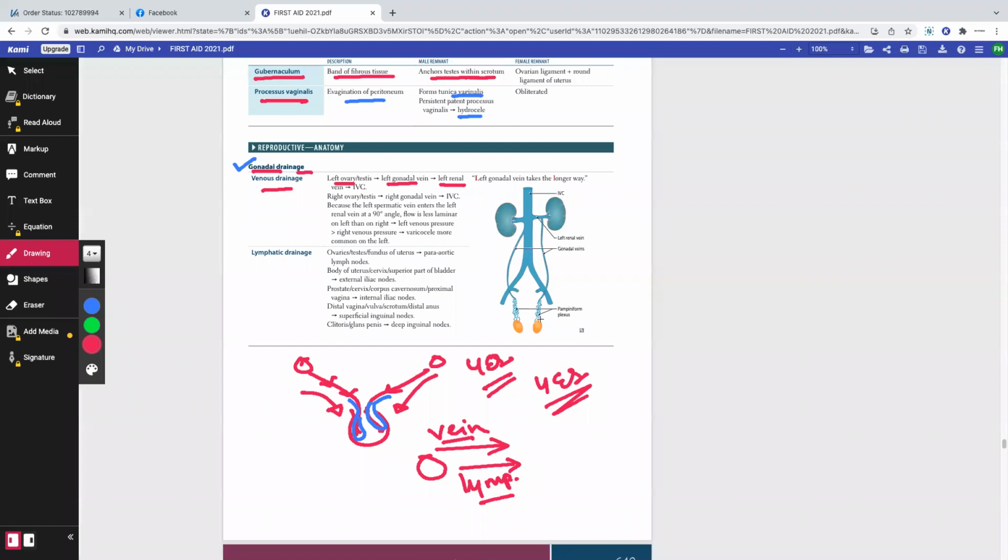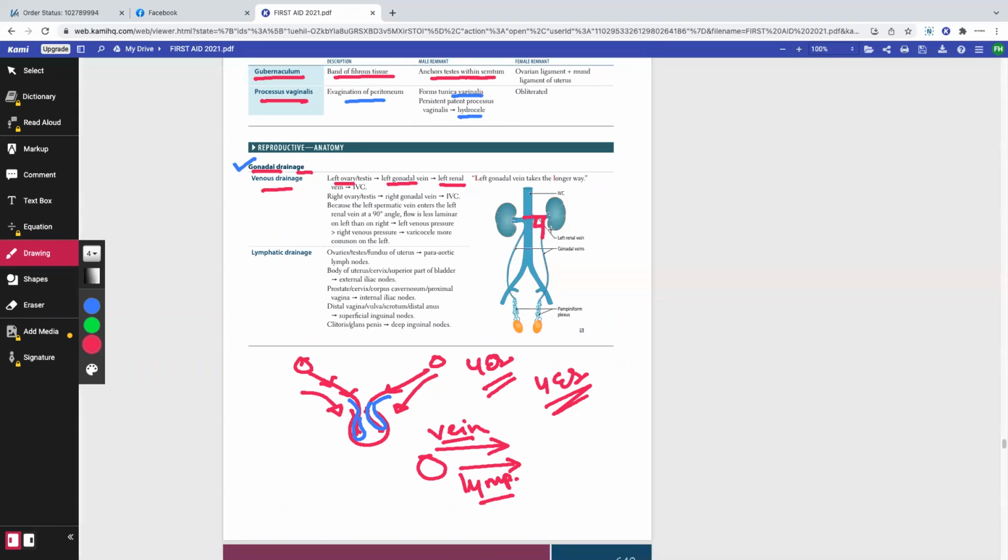The left-sided testis will drain into the left gonadal vein. But then, as you can see, the gonadal vein will drain into the left renal vein at a right angle, at 90 degrees.